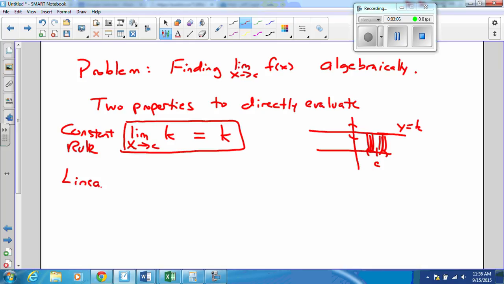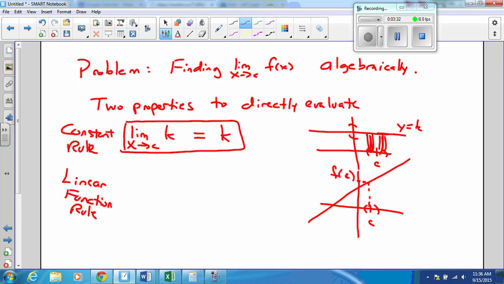We're also going to have a linear function rule. Our linear function rule is going to take a look at linear functions that are not constant. And I'm just going to assert that for linear functions, which are nice and well behaved, the limit as x goes to c of that linear function is simply the value of the function at that point.